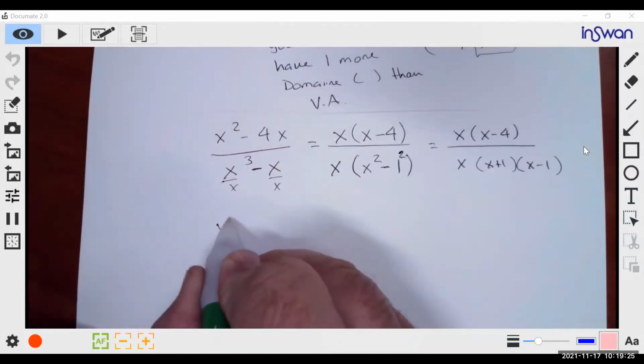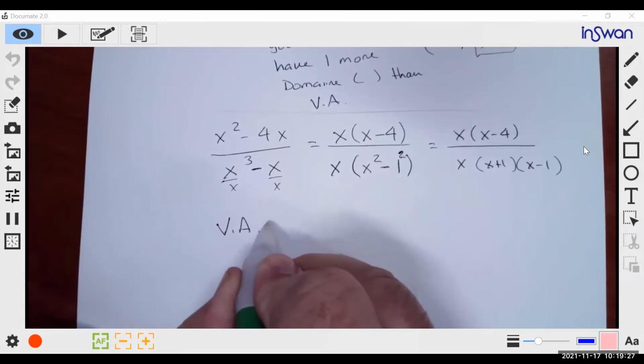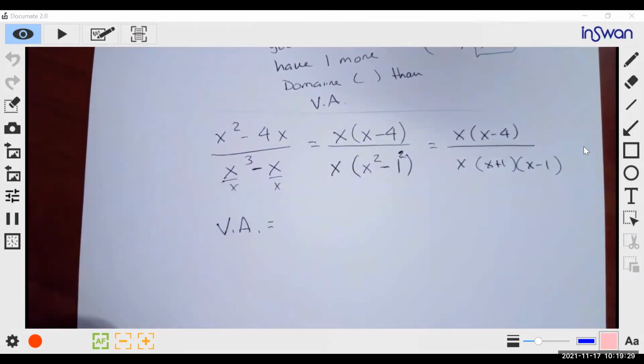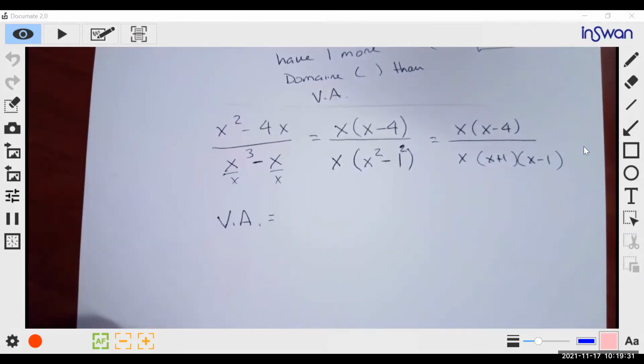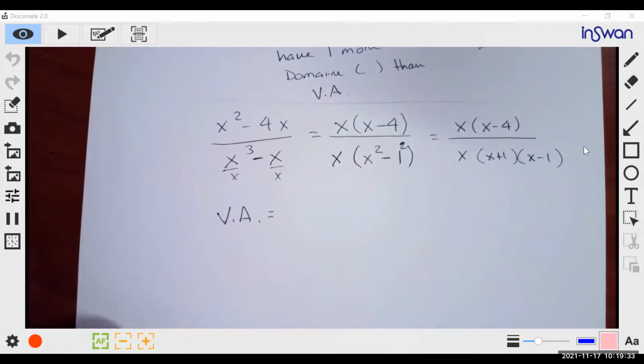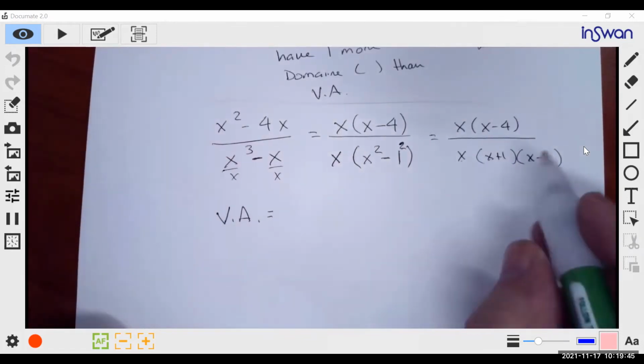So my vertical asymptotes are what? Well, how many x's do you have on the bottom? You have three answers. You set all of them equal to 0.